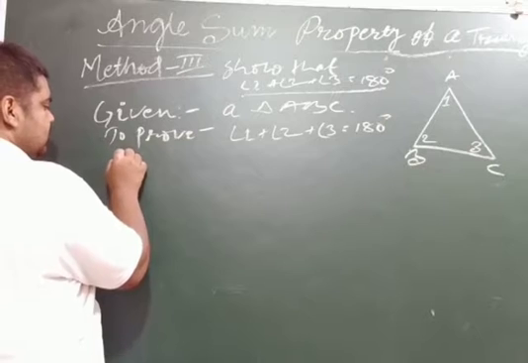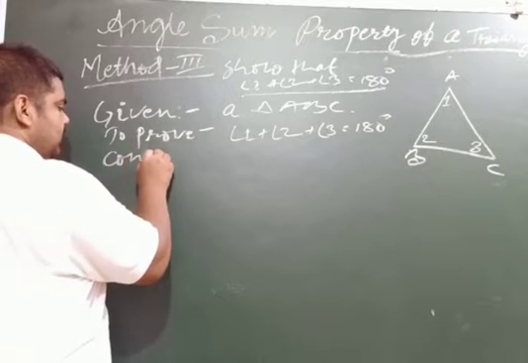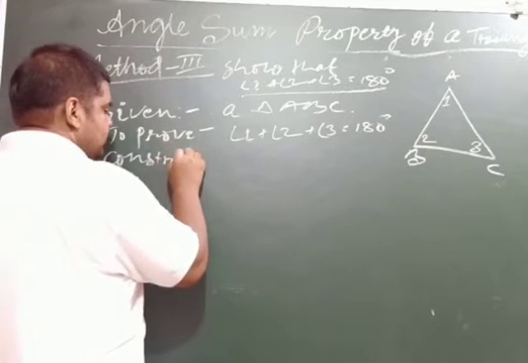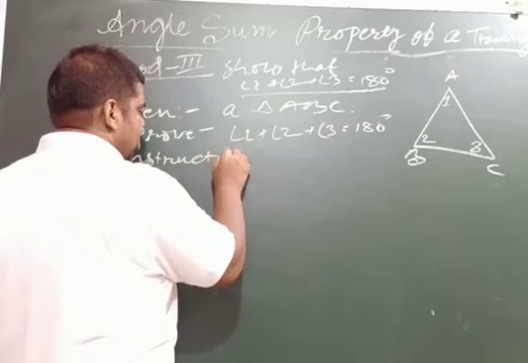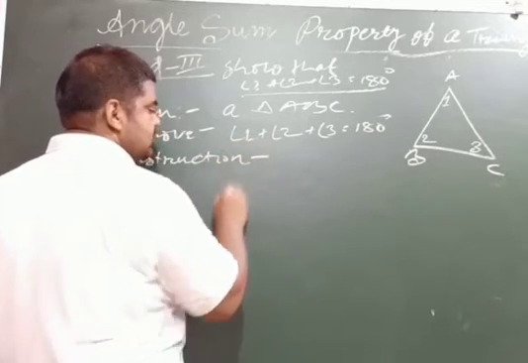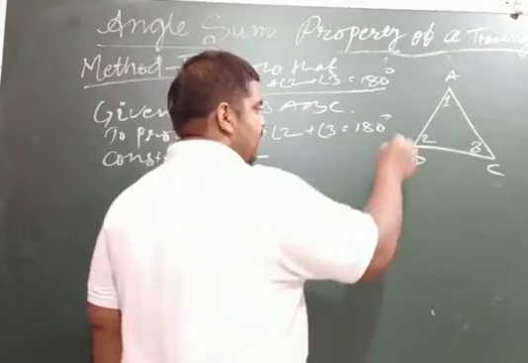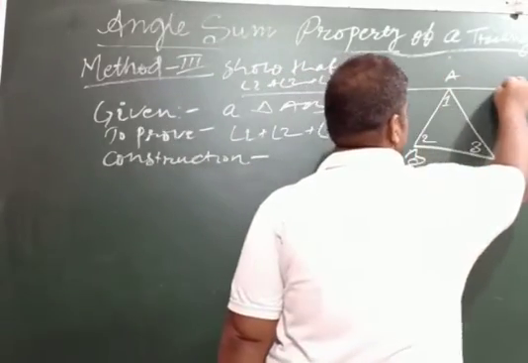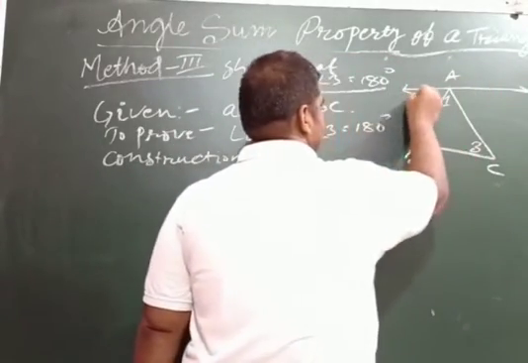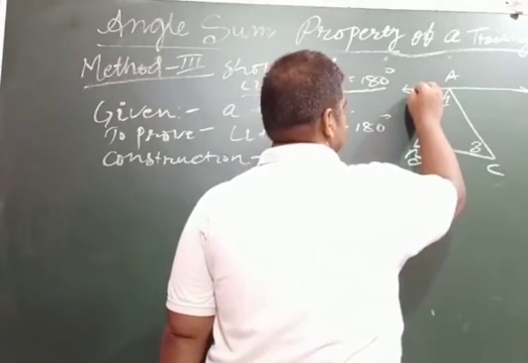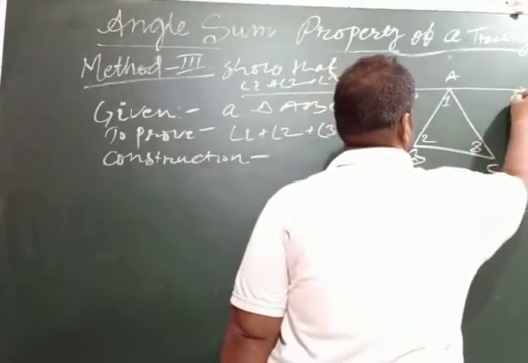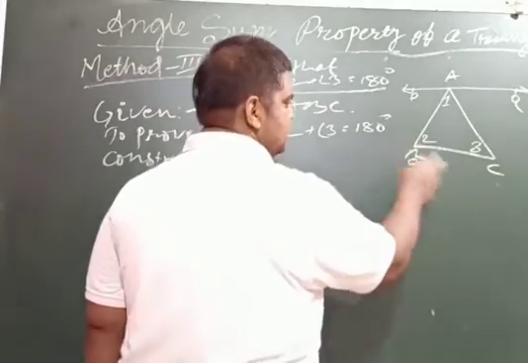And construction, if required, then you need to write the construction. You know that construction is required. I have drawn a line PQ parallel to BC.